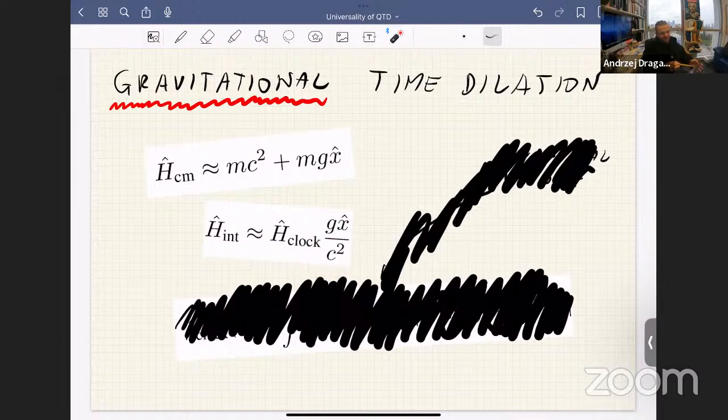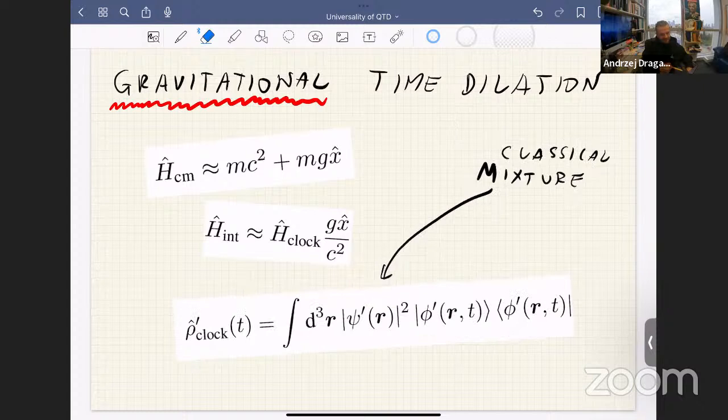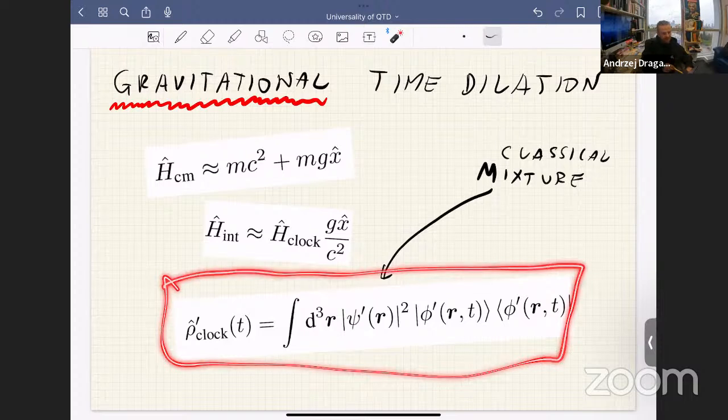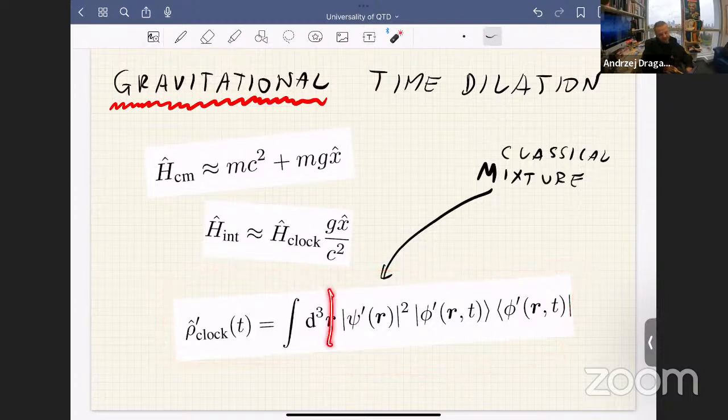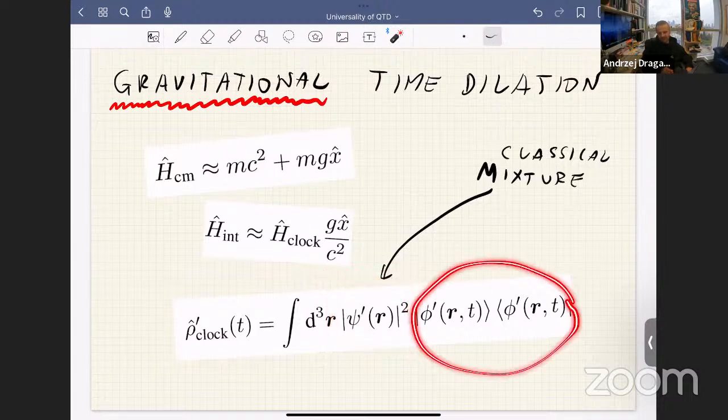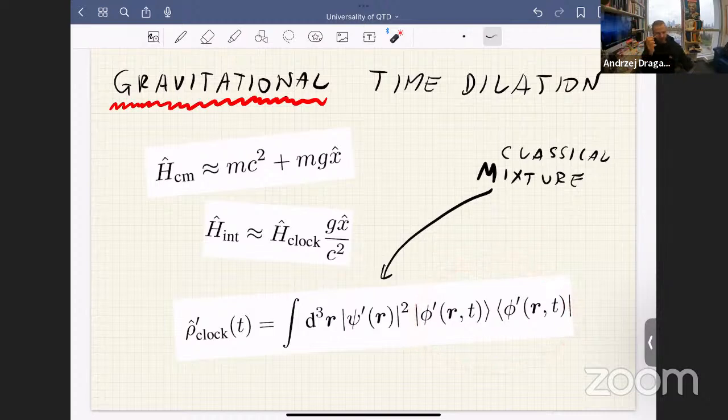So you can repeat the same procedure, and eventually you obtain the state of the clock, which again turns out to be a classical mixture of the different position states times the state of the clock. And once again, you will find that the average rates when you make the measurement will be of the structure that you take a clock at a given position, and then compute the classical average over all positions with the probability distribution being the modulus squared of psi of r.